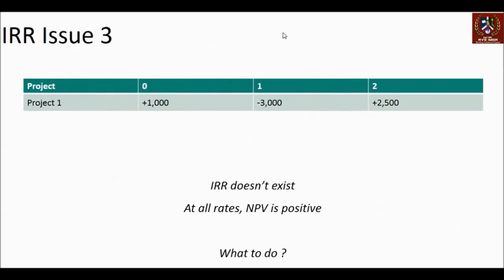Now, the third issue with IRR is that there are some projects where the IRR doesn't exist at all. NPV is positive at all rates, right? These are projects that are kind of too good to be true. That's like free money available to be made, riskless kind of projects.